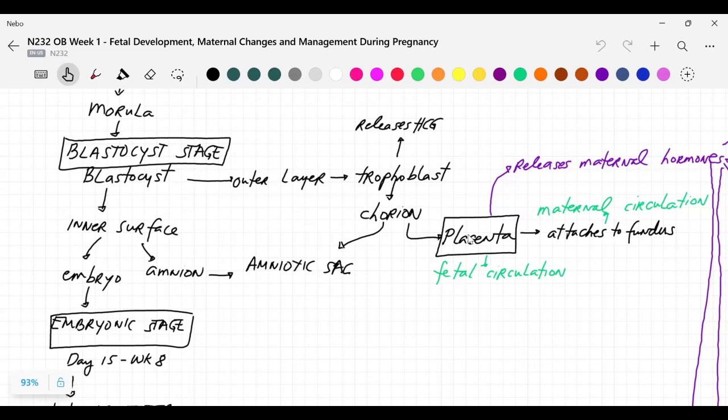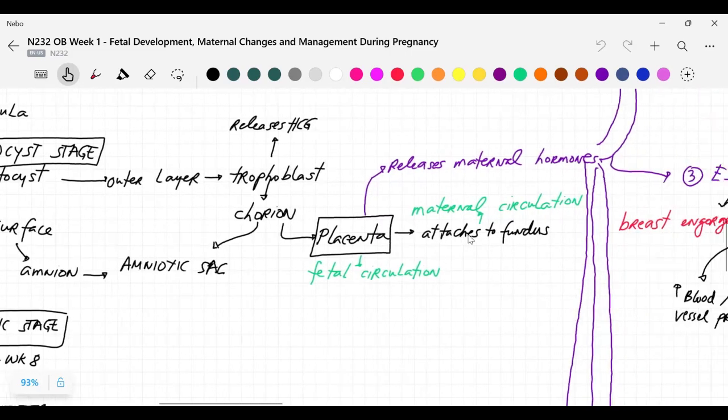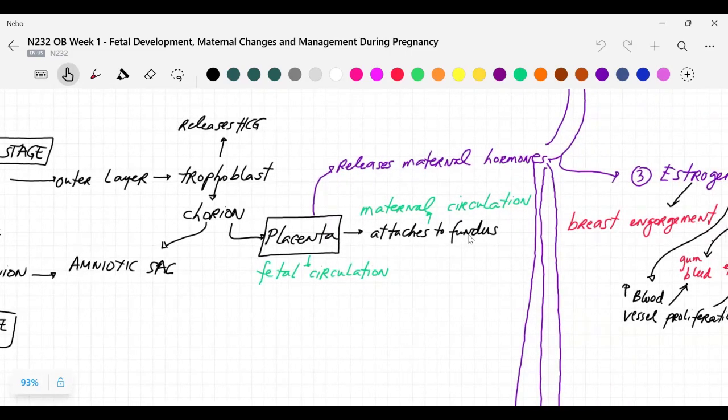And then it starts to develop its own blood vessels connecting to the baby. Okay. So apart from nutrition or circulation that it provides to the baby, it also secretes a lot of hormones, which is what creates the changes in pregnancy. Okay. So that's what we're going to be talking about.